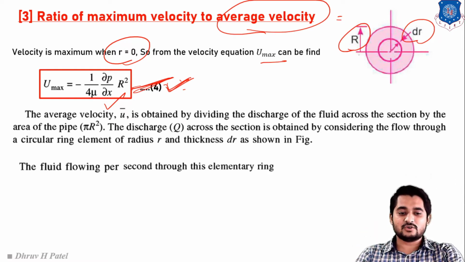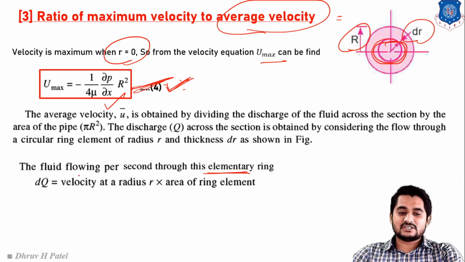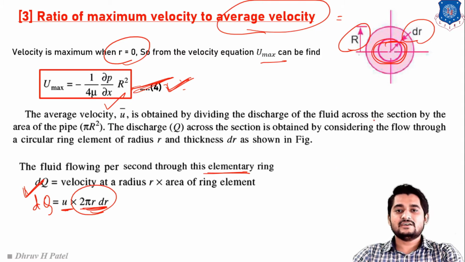From the discharge point of view, consider the fluid flowing per second through the elementary ring. Here we have taken one small elementary ring for analysis. The discharge from that small ring will be the velocity at that radius into the area of that ring. That means dq, the small discharge, is equal to u into 2 pi r into dr. This is the area of the small elementary ring.